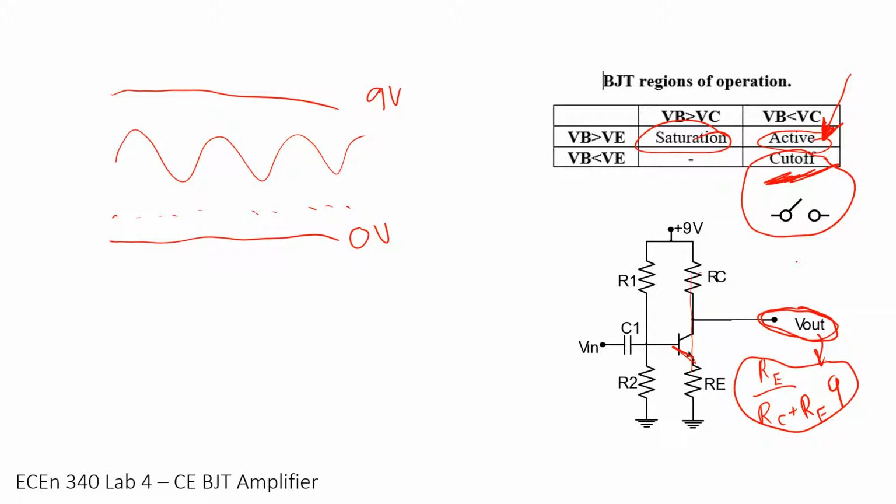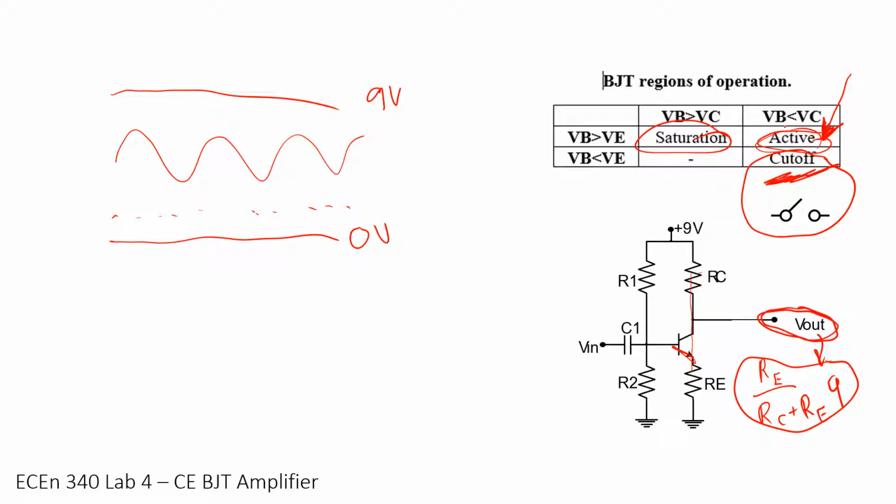So we're maximizing the amount of good output we have before we hit distortion. That is why we want to bias these properly, so we can have the most output that is in the active region without hitting saturation or cutoff.